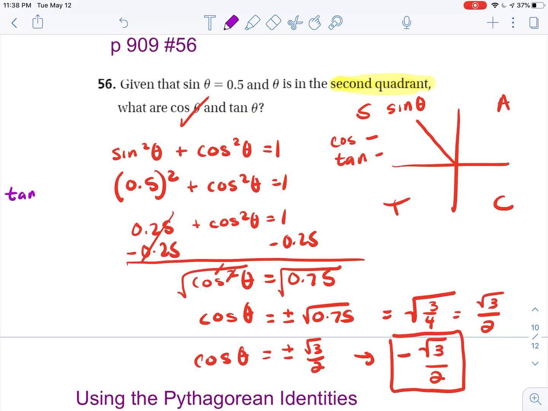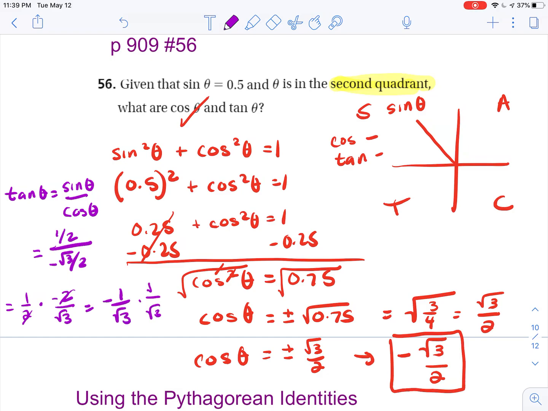Check. Well, how do we find our tangent from that? Well, let's think about it. What do we have to help us find our tangent? Well, we have an identity. Tangent is equal to sine over cosine, isn't it? Well, if it's equal to sine over cosine, we can substitute a value for sine. 0.5 is equal to 1/2. And substitute a value for cosine.